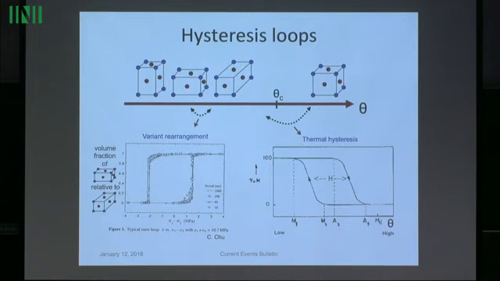Even if I go from one variant to another by applying stress, this is a case where by applying a biaxial stress, one variant, it was a single variant here, and then this variant, and then it transformed. There's also a hysteresis loop there. So even though they're the same phase, they're just two variants of the same phase, there's also a hysteresis loop.